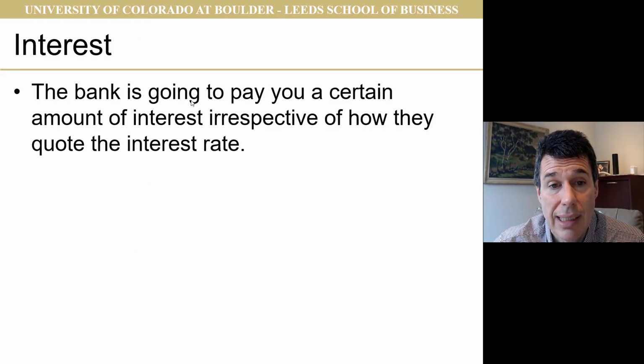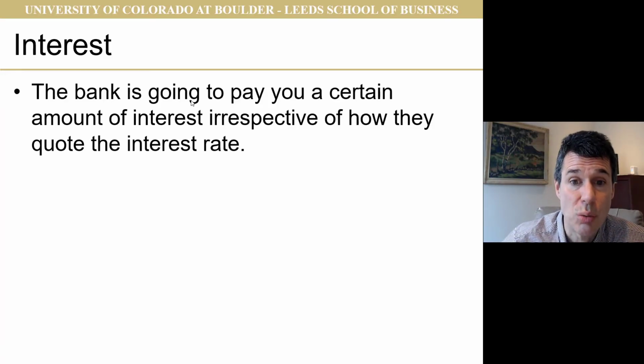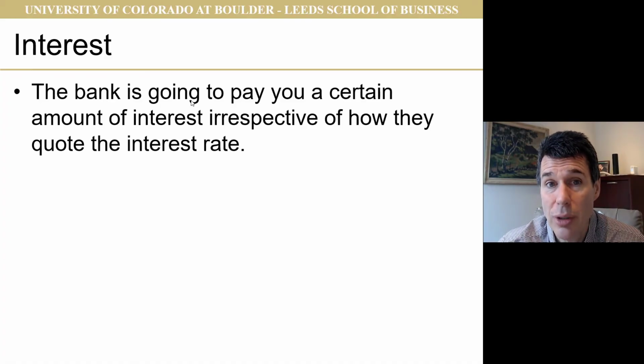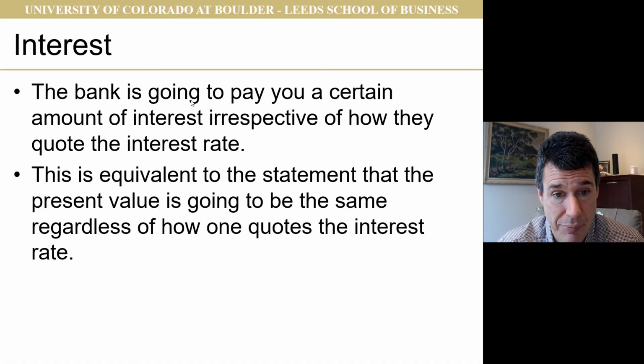Now, no matter how the bank quotes that interest rate, it's going to pay you a certain amount of money, right? They're not going to give you the choice to choose which interest rate. You are always going to be given a certain amount of money. The present value is always the same no matter how one quotes the interest rates, or alternatively, the future value is always the same.